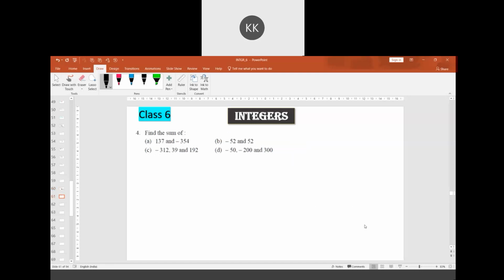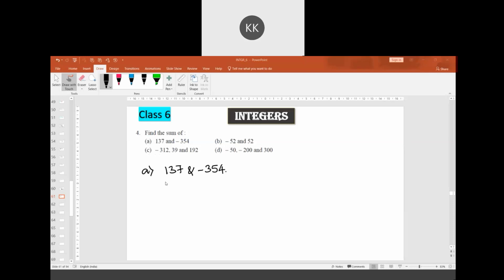Now look at question 4. In the fourth question, we need to find the sum of. In the first one, we have 137 and minus 354. These are the numbers which are to be added up.